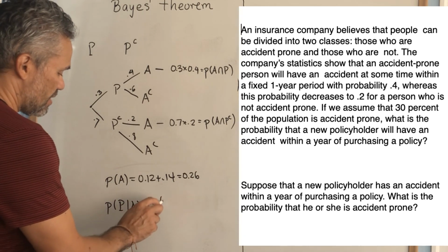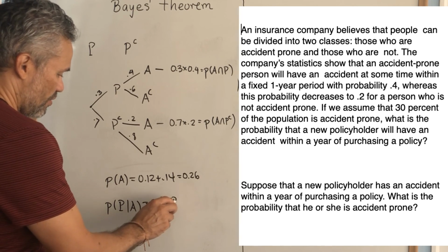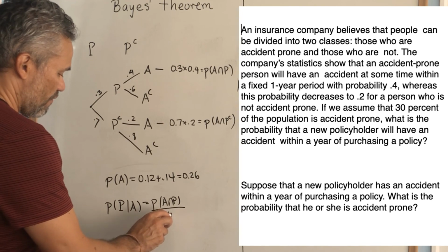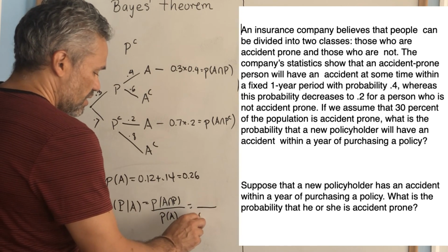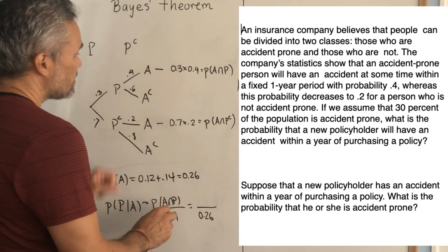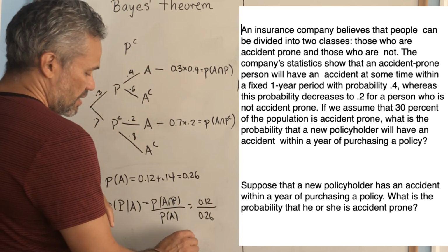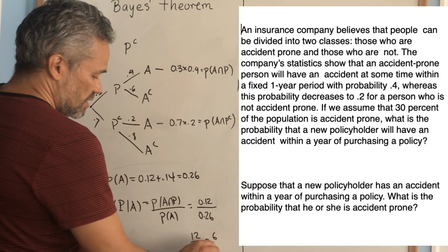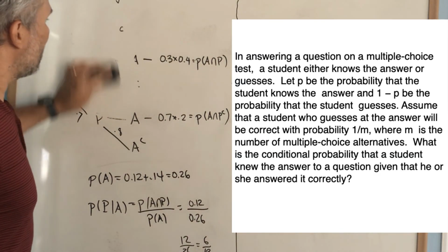This is the probability of A intersection with P over the probability of A. But the probability of A, we just computed, is 0.26, and this probability is 0.12. This is 12 over 26, which is 6 over 13. Let's do another example.